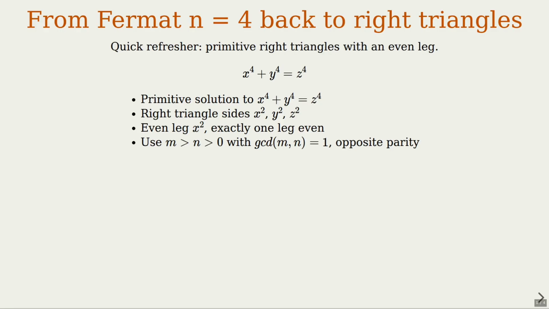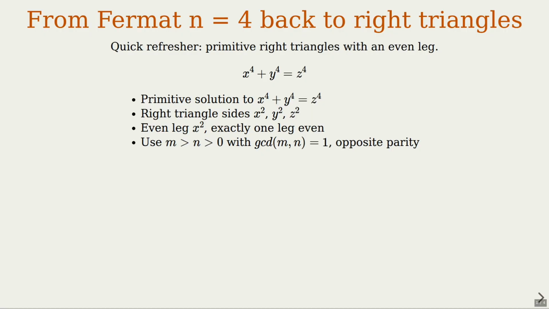Right now, in the n equals 4 proof, we are assuming, for contradiction, that there is a primitive integer solution to x to the fourth plus y to the fourth equals z to the fourth. We then look at the right triangle whose sides are x squared, y squared, and z squared. Because the original solution is primitive, this new Pythagorean triple with sides x squared, y squared, z squared is also primitive, and exactly one of x squared or y squared is even.